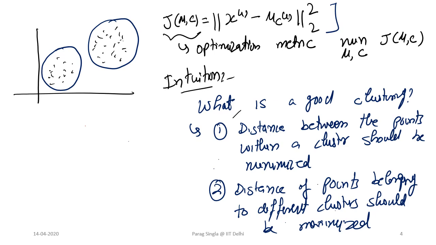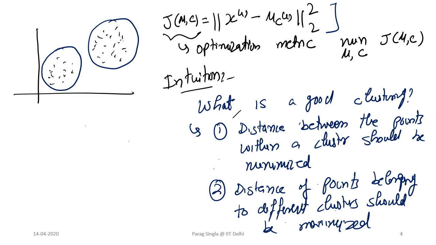And let's spend a minute or so trying to understand why this metric captures this intuition, right? In other words, if we could minimize or optimize this metric over mu and C, then we would get the right clustering. This is because what we are saying is that we want to minimize this ||xi minus mu_ci||, right?